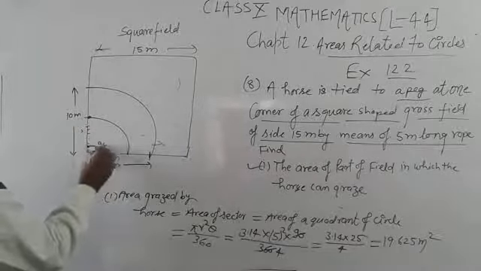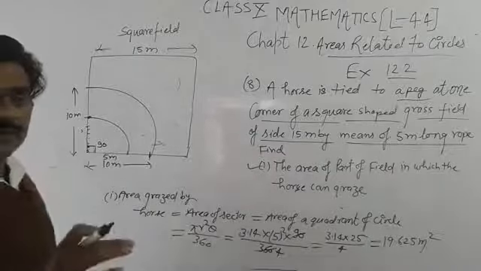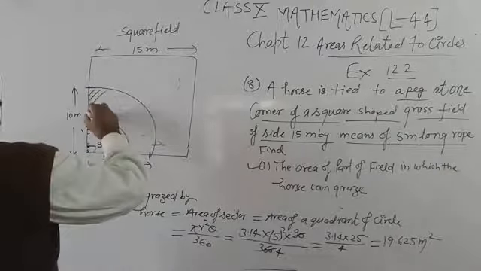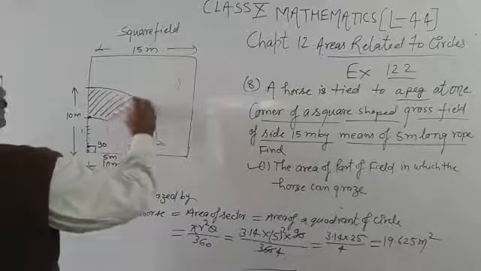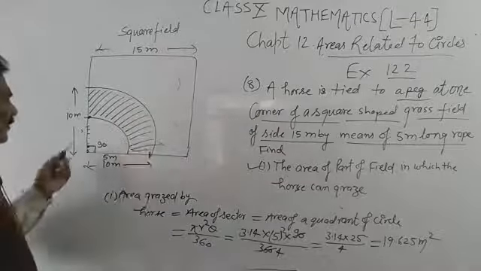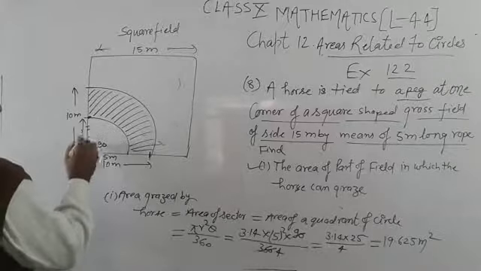This is 90 degree. Students, we have to find the increased area if the length of rope is increased by 5 meter. Means the initial position of rope was 5 meter.